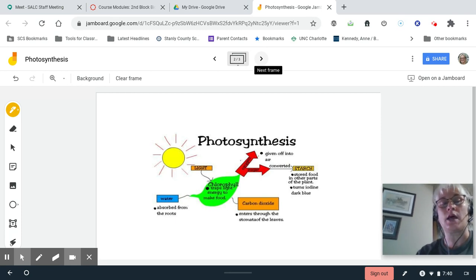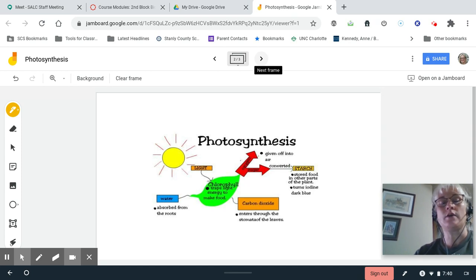We get sunlight, and in the leaves of plants, in those leaf cells, there is a pigment called chlorophyll that's in the chloroplast, and the chlorophyll absorbs the wavelengths from the sun, and it traps that light energy into the chloroplast.